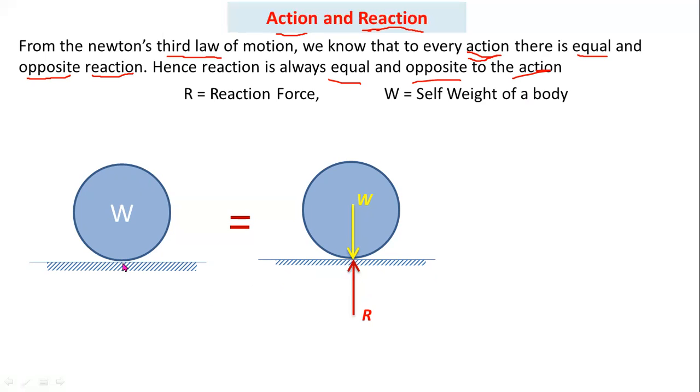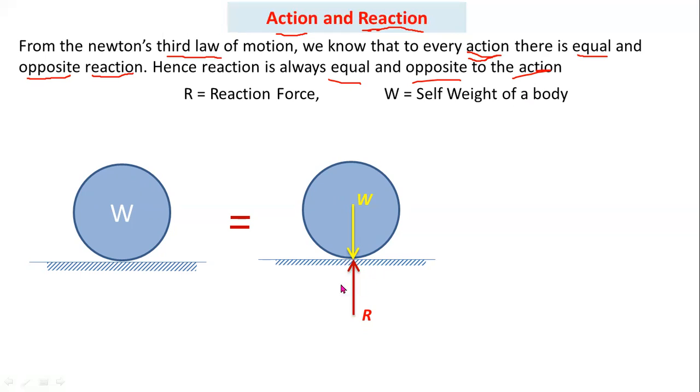This point is the point of contact between the horizontal surface and the roller surface, a common contact point. Here the self weight of the body acts vertically downwards, and at the same place the perpendicular, or normal, reaction force acts vertically upwards.